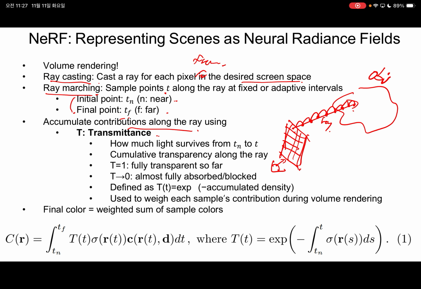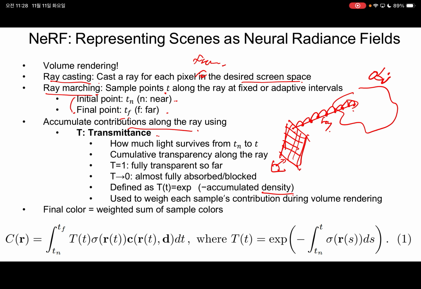We cannot see behind the object because no light survives after this surface in ray marching. So transmittance means how much light survives from tn to t. It accumulates transparency along the ray. T equal to 1 means fully transparent so far, totally visible. If T is very small, the ray is almost fully absorbed or blocked.